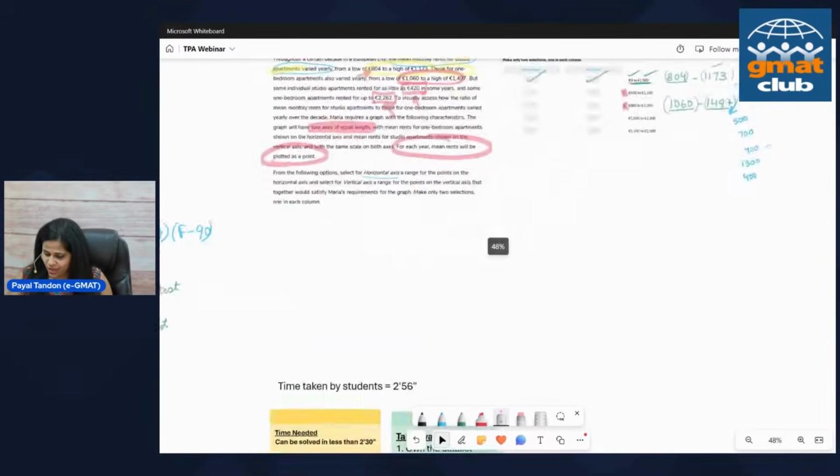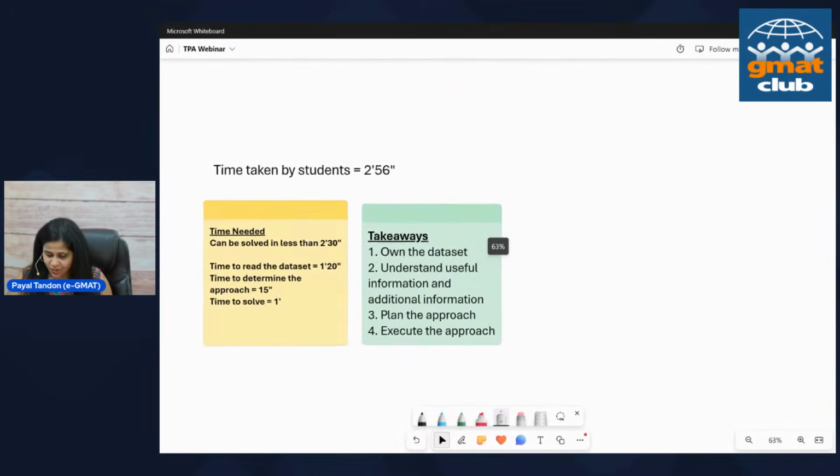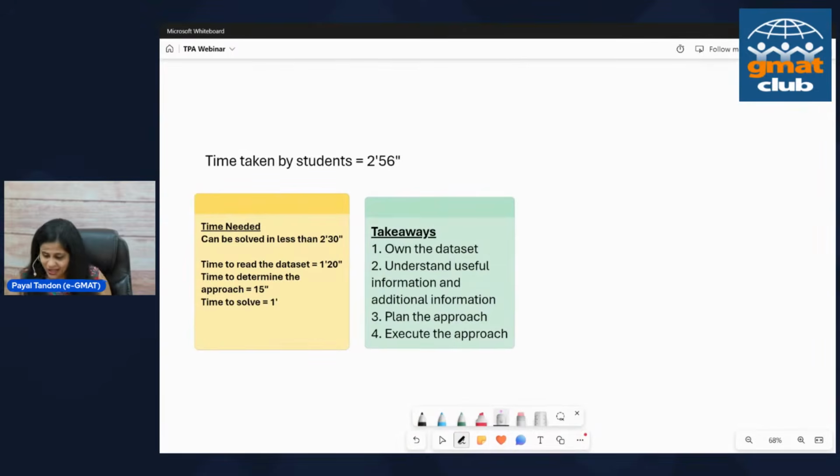You have to understand, okay, what is the data set really telling me? What is the question really telling me? In this case, you will need to spend a lot of time on just reading the data set because it is such a dense data set. And then you spend the time in figuring out what the approach to solve this question is. And then you have to take your time to look at each and every range and then arrive at the answer.